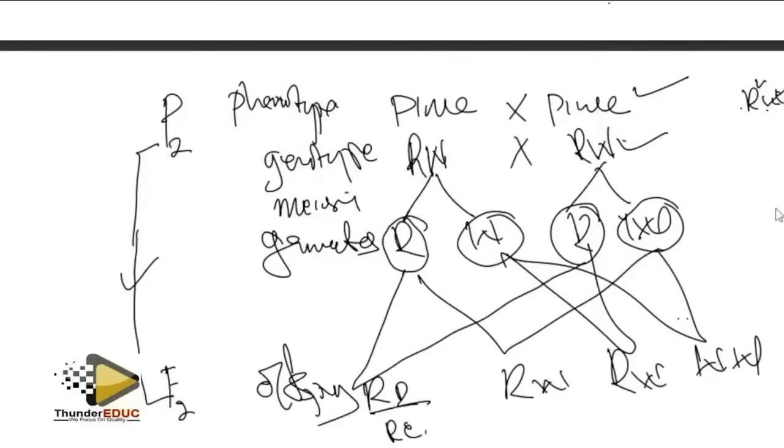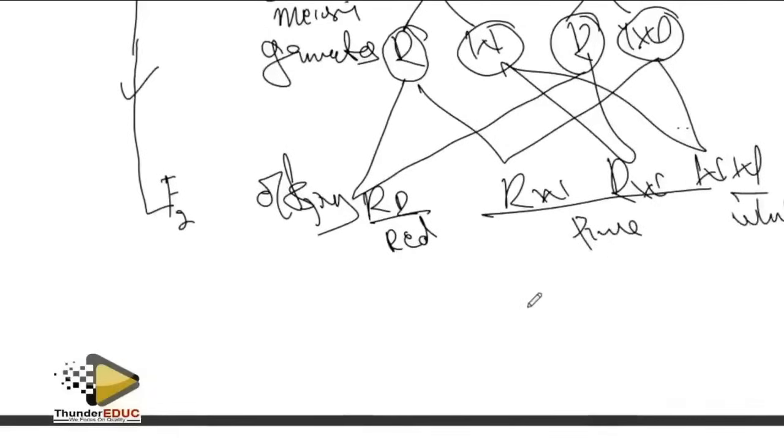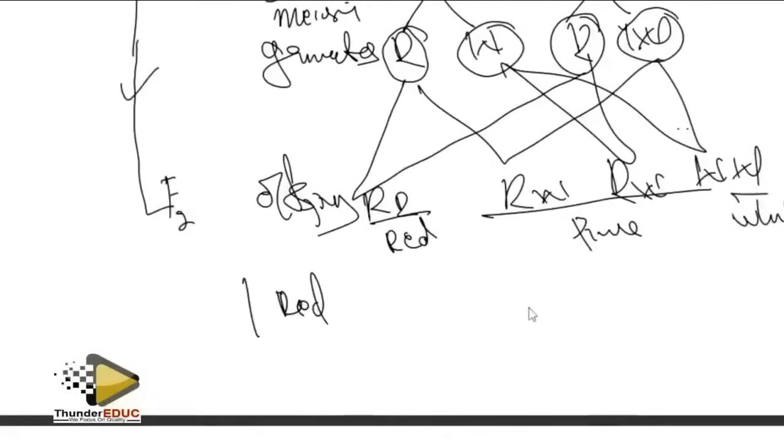This is red, this is pink, and then this is white. Meaning that I will have one red, 2 pink, and then 1 white.